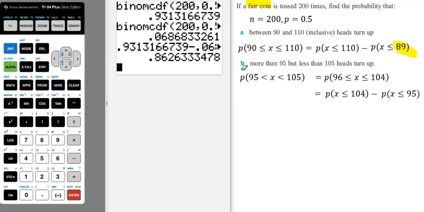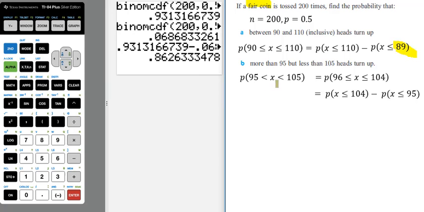Let's go to B. More than 95 but less than 105 has turned up. We can write down probability, the x will be between 95 and 105, not inclusive.